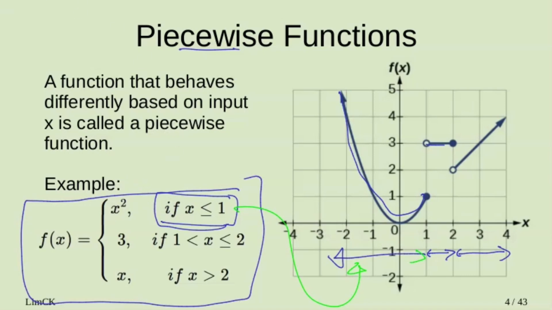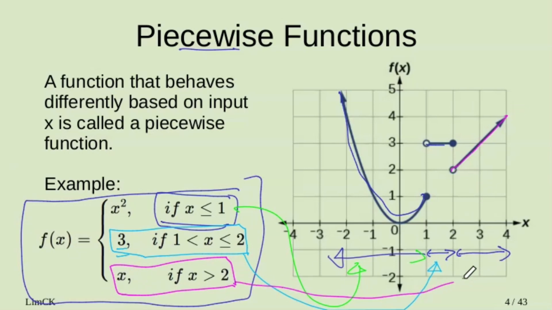When x is between 1 and 2, this part, it's always 3. And then when x is greater than 2, f(x) is equal to x. So you see this part, x maps to here. So this is a piecewise function.